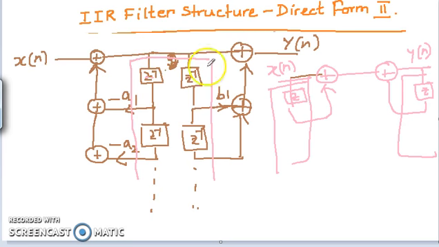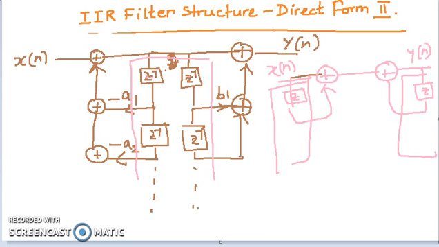So this is the advantage of direct form 2, that the cost effectiveness is greater, because as the delay elements are coming in between, we can replace them with a single column, and that's why the number of delay elements is reduced.